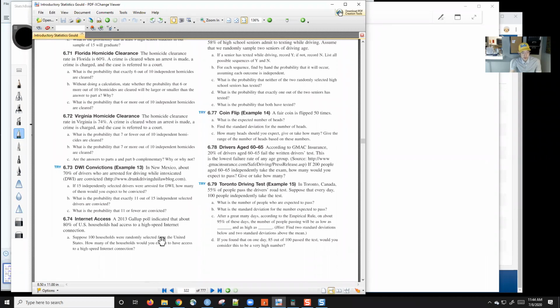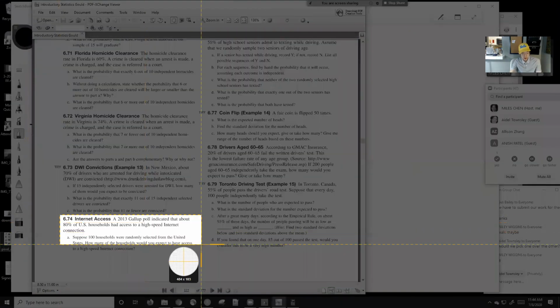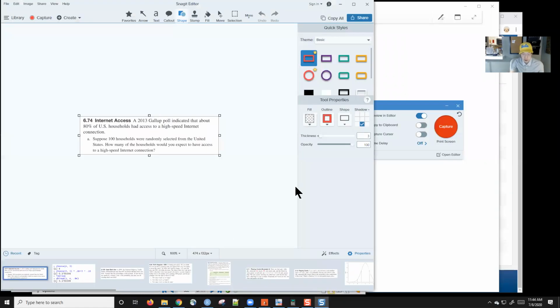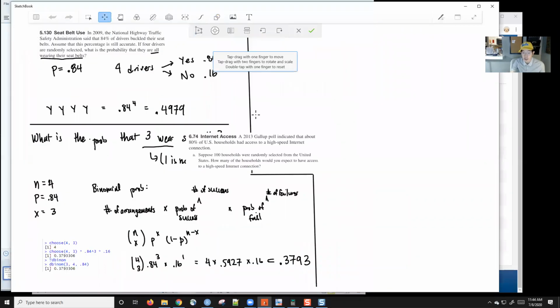Okay, I guess we'll do 674. The book needs a few more examples here. Okay, so we got 674A.